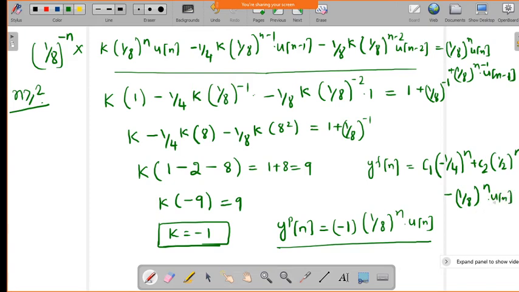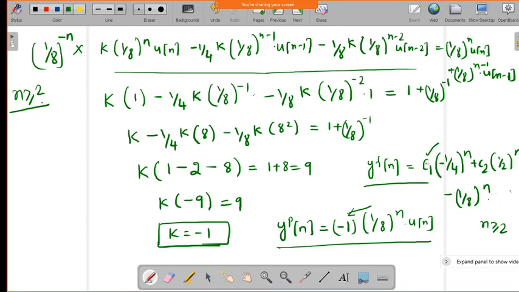So u of n, if you consider it as 1, you can remove it, but this solution exists only for n greater than or equal to 2, because we have found out the particular integral solution for n greater than or equal to 2. Okay. So now this is the equation for forced response.